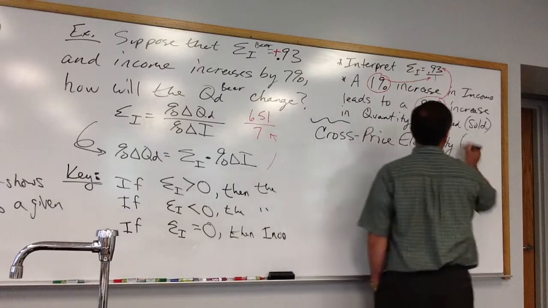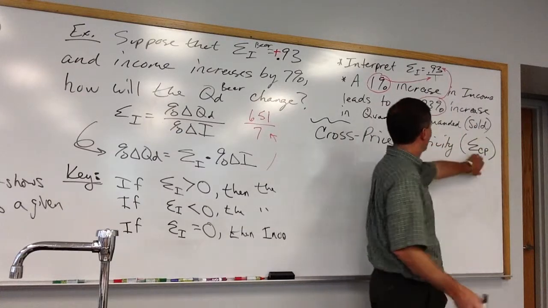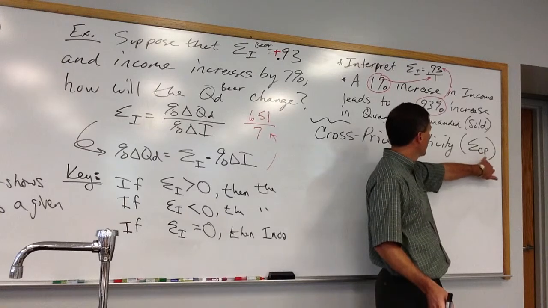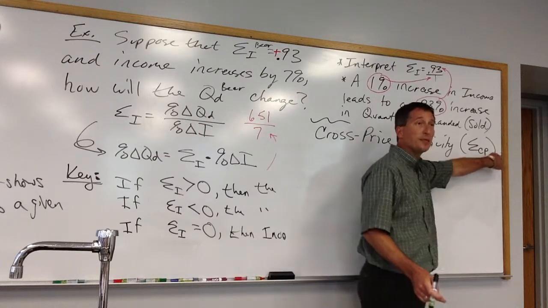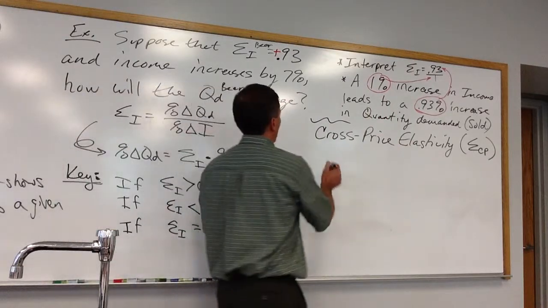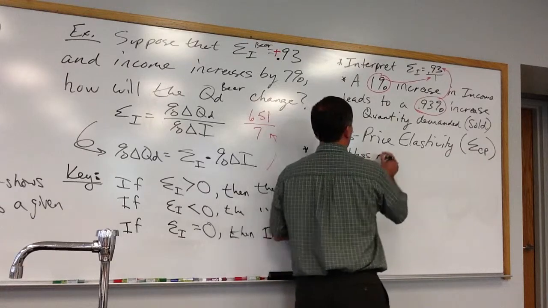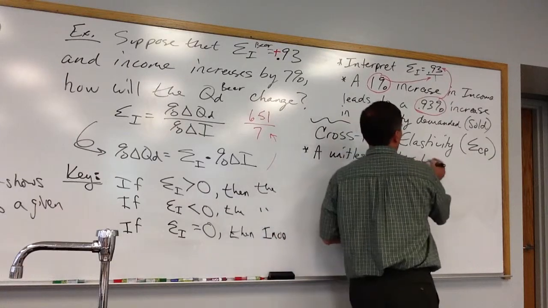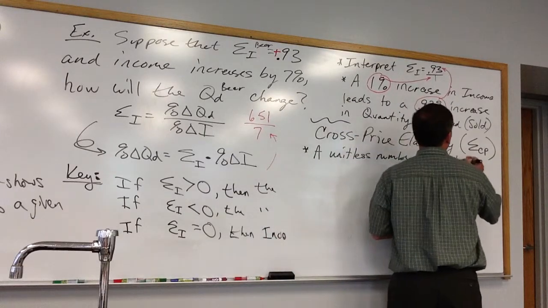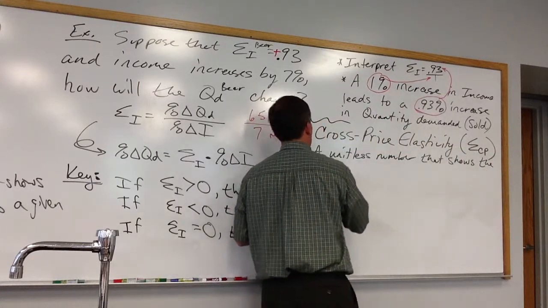Cross-price elasticity, which I'm just going to put the sigma or a big E, you can use a capital letter E, whatever, CP for cross-price elasticity. And it is a unitless number. A unitless number that shows the responsiveness, you see a little pattern going on here?